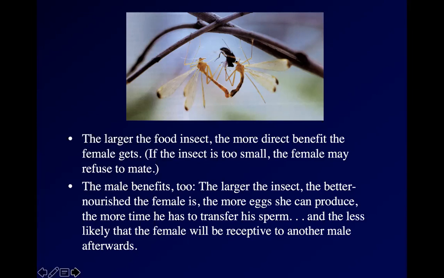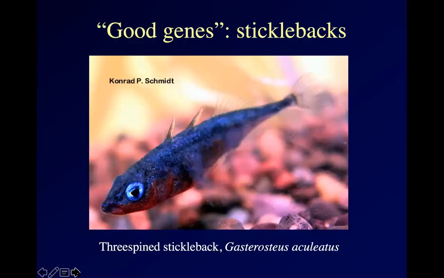So in some cases, one sex might prefer certain traits because those traits are directly beneficial to the choosing individual. There's other cases where this doesn't happen at all. And in those, a very common scenario is what we call good genes.